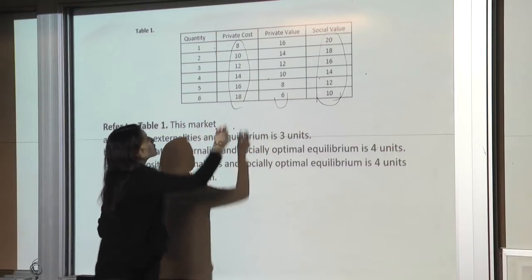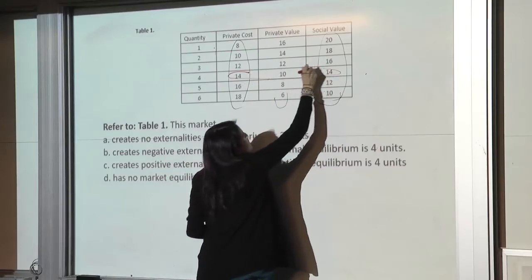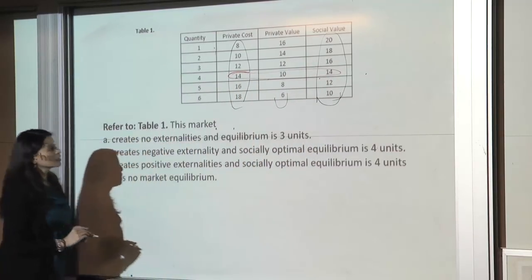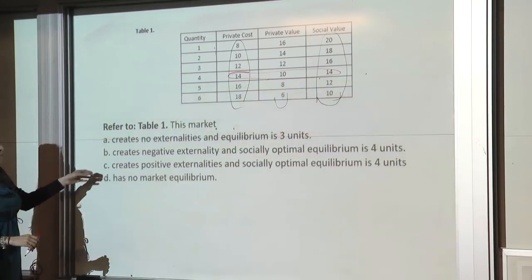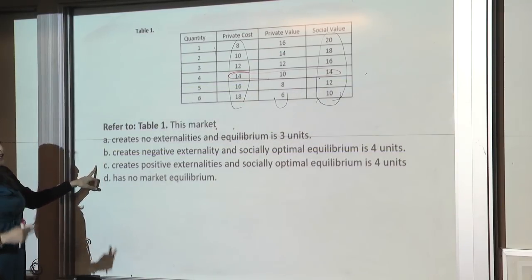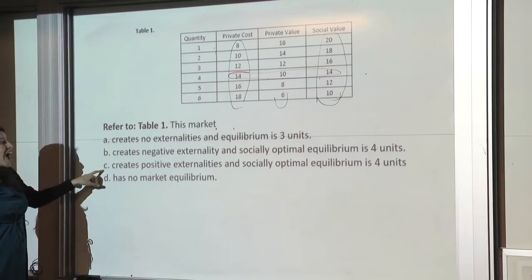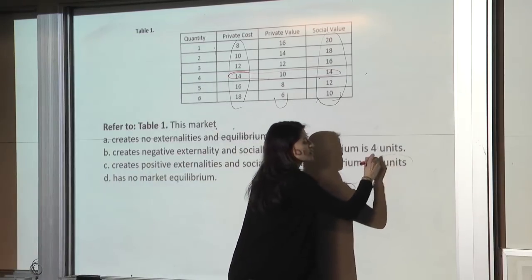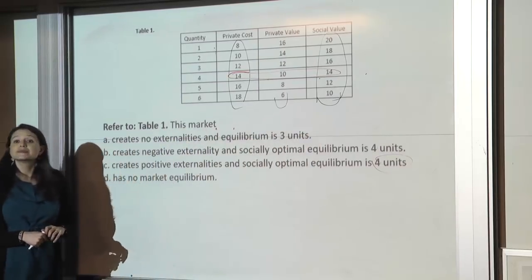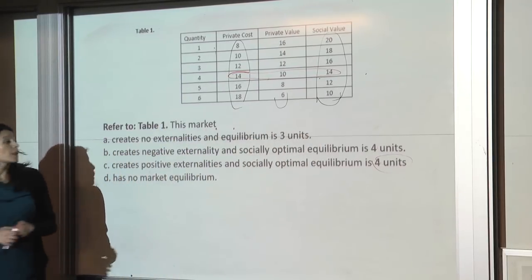And what is that point? That point is this one, okay? So there is a positive externality because social value is higher than private value, and the socially optimal equilibrium is 4 units. Yes? Can you repeat that one, please?